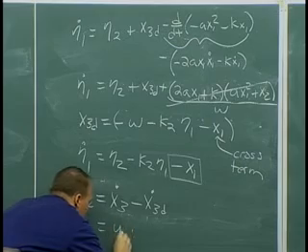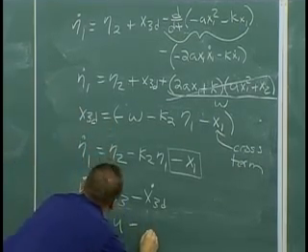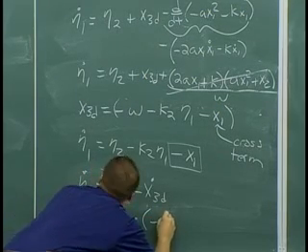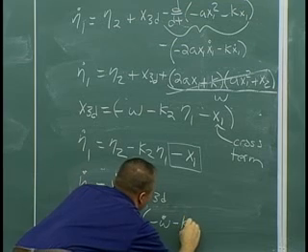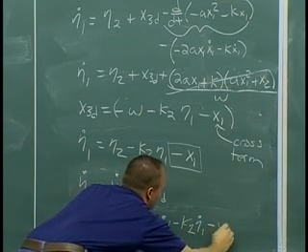Okay, which is equal to u minus w dot minus k2 a to 1 dot minus x1 dot.